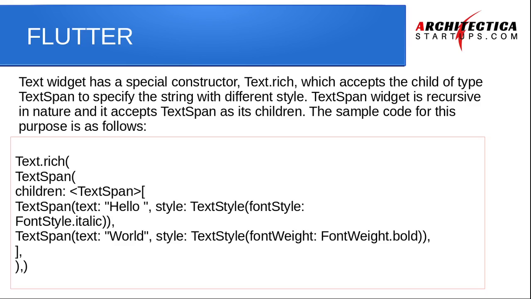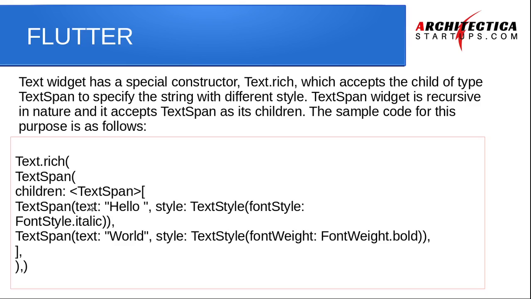The sample code for this purpose is as follows. So we have one more widget that is Text.rich. What it does is it has TextSpan, TextSpan has children, and under those children we have a number of TextSpans. I hope you guys are understanding this one.